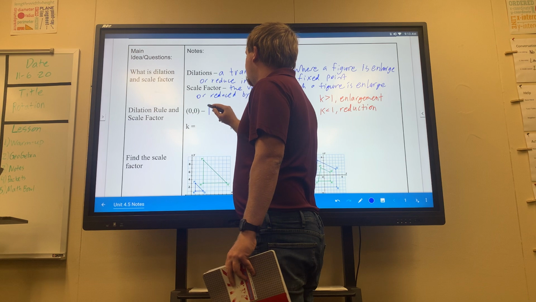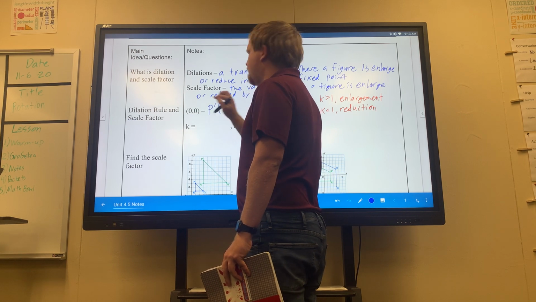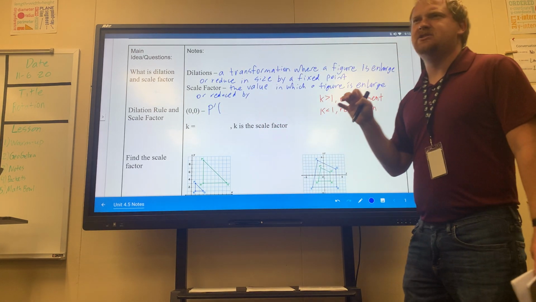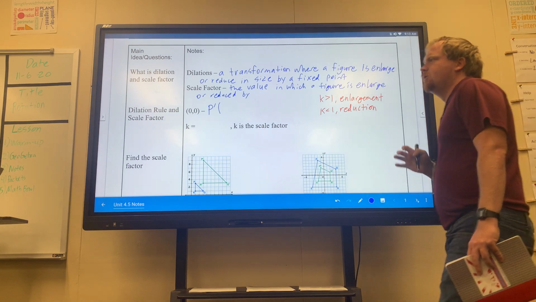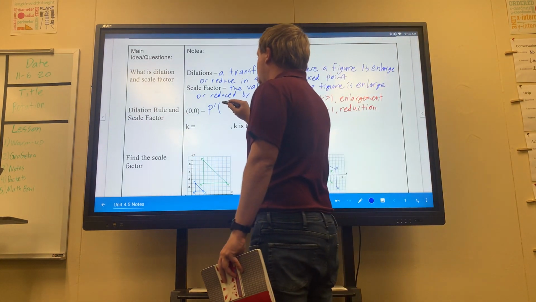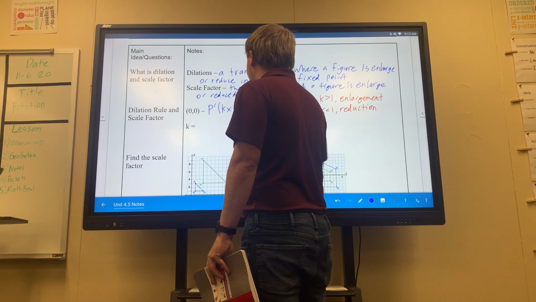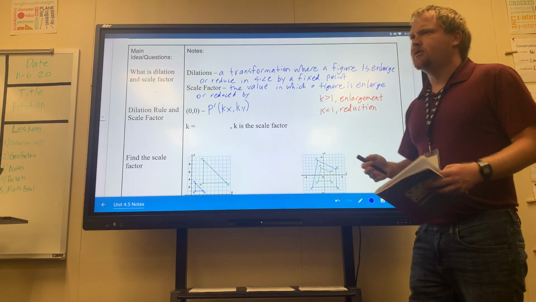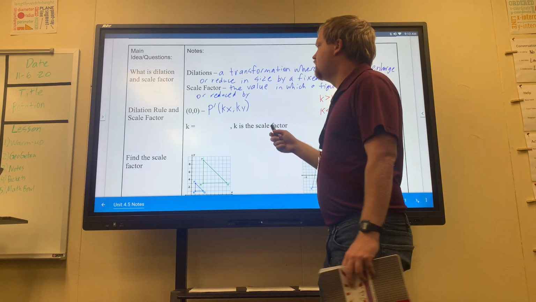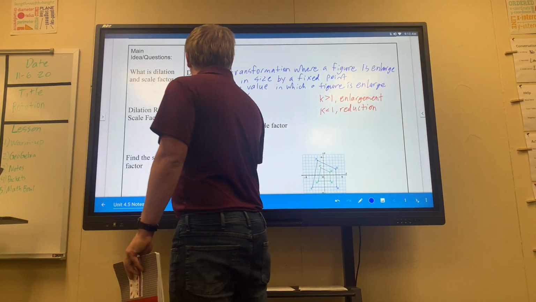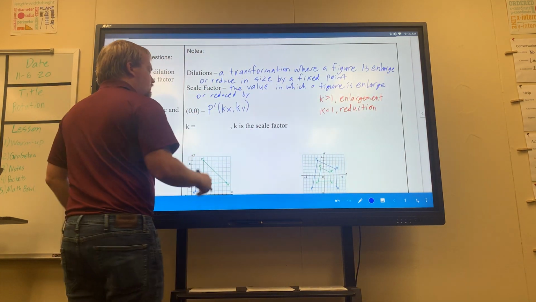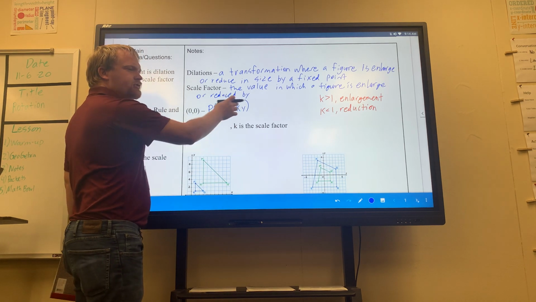Now, in order to find scale factor though, we know that P prime, if a dilation is from the center, is going to be (kx, ky), where k is the scale factor. Scale factor is our k.